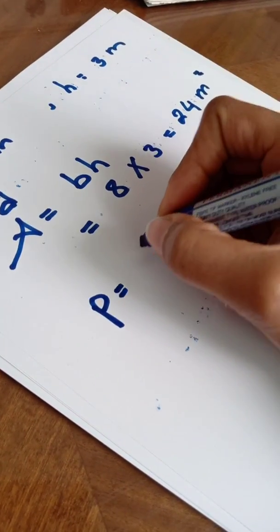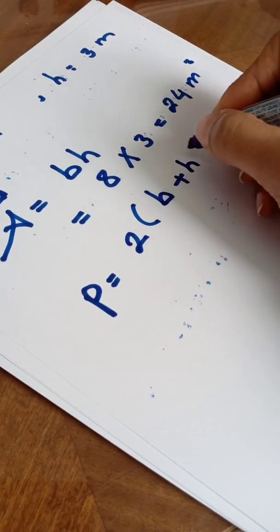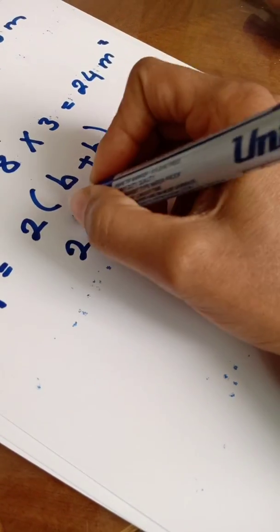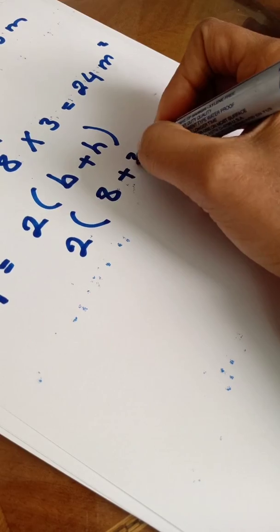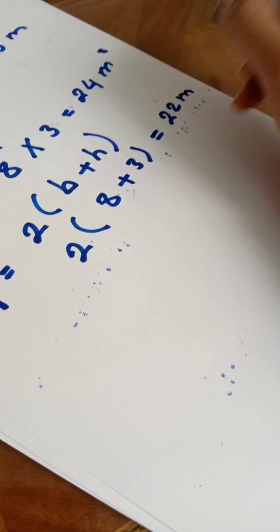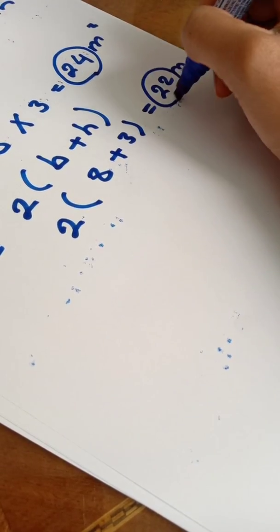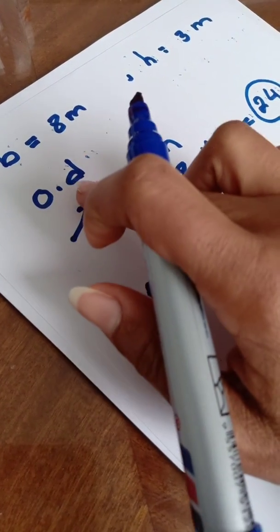What is the perimeter of the rectangle? 2 multiplied by base plus height, or length plus width. So we multiply 2 by 8 plus 3. This gives 22 meters. Now the area is 24 and the perimeter is 22, using the original dimensions.